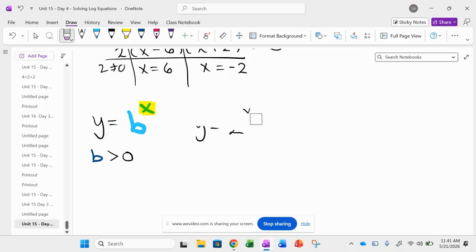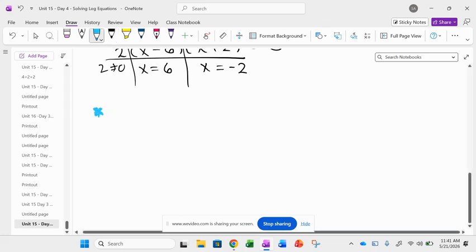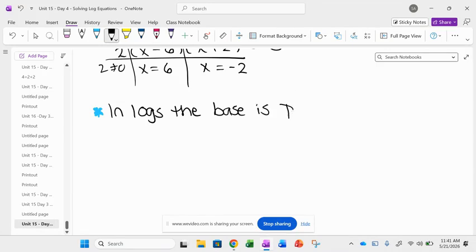So when we enter into the world of logs, there's two things that need to be met. In logs, the base is positive. Therefore, these three little dots mean therefore, the argument must also be positive.